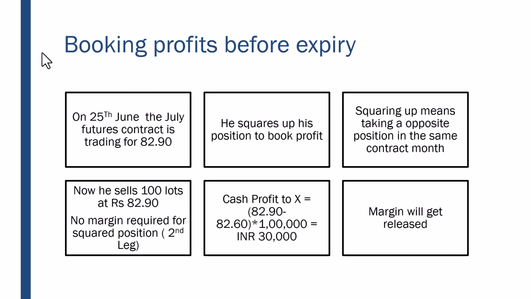So let's understand before I close. If you are a speculator, and if you are bullish, take a long position. If the dollar goes up before the expiry, you can close it. Take the reverse position of what you have taken originally. If you have bought it, then sell it, in the same contract, the same month.